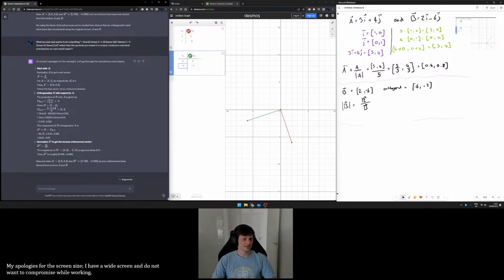Anyway, it does this projection, so it's multiplying. It's doing the product of the two divided by the norm, and then multiplying it by, and then it's doing the cross product of 3, 4.